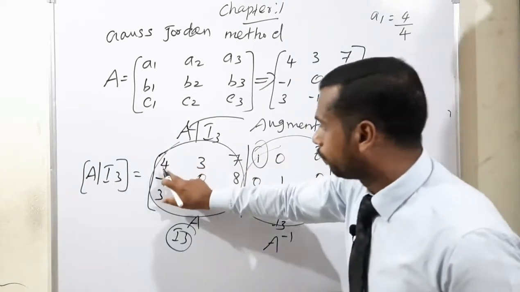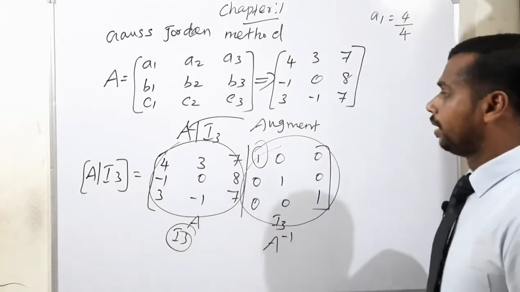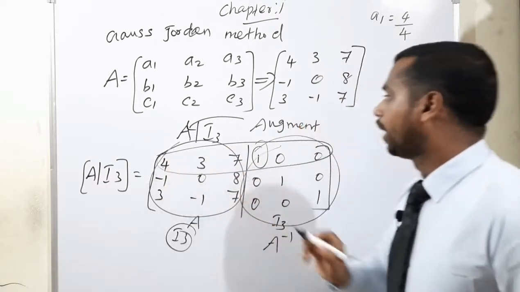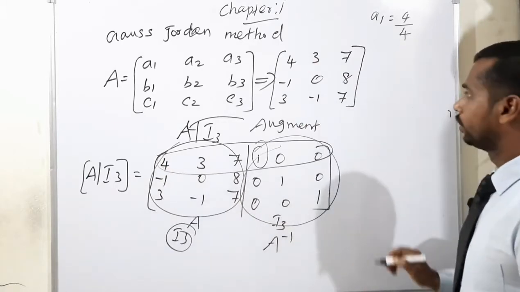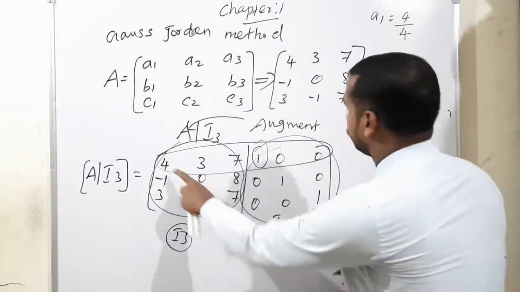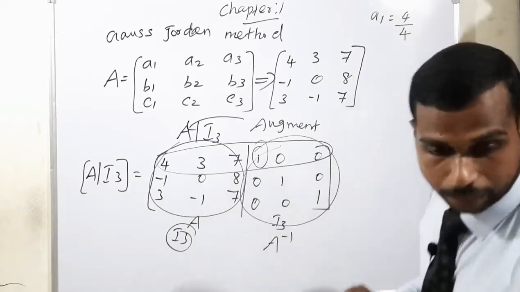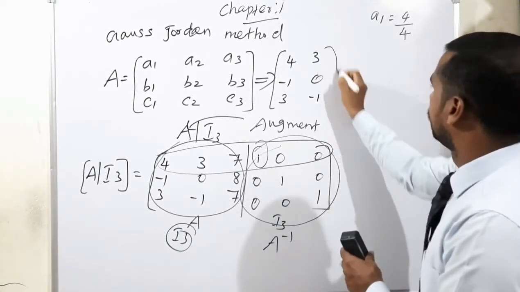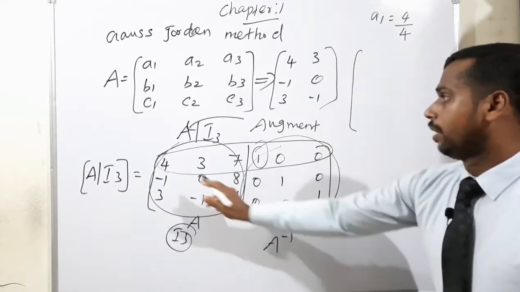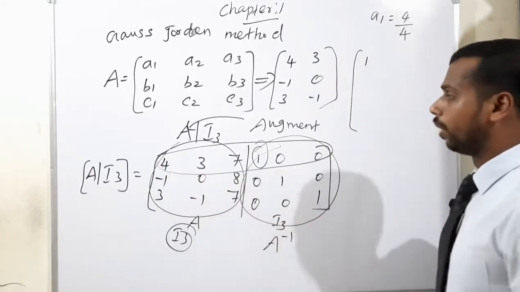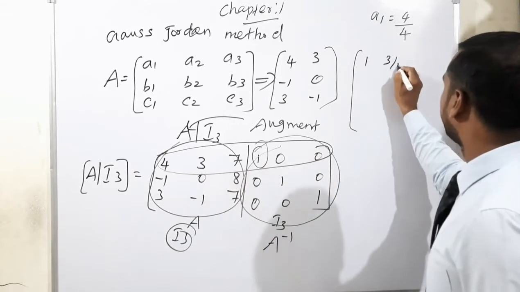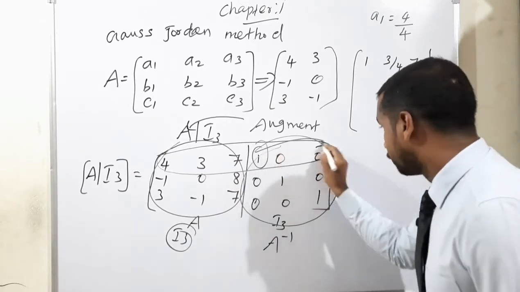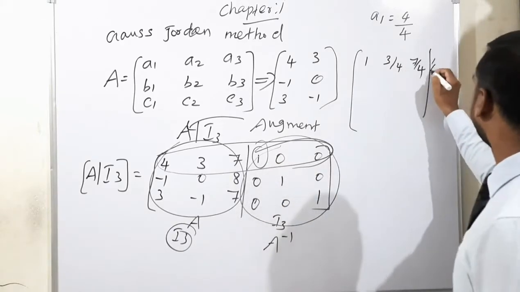Then 4 divided by 4 gives 1, 3 by 4 will come, then 7 by 4 will come. Here also some changes will come, so 1 by 4 will come, isn't it?